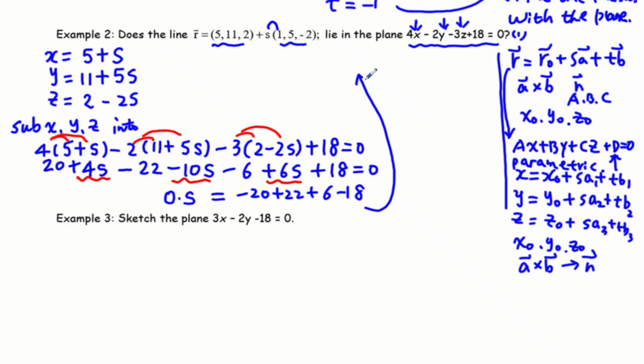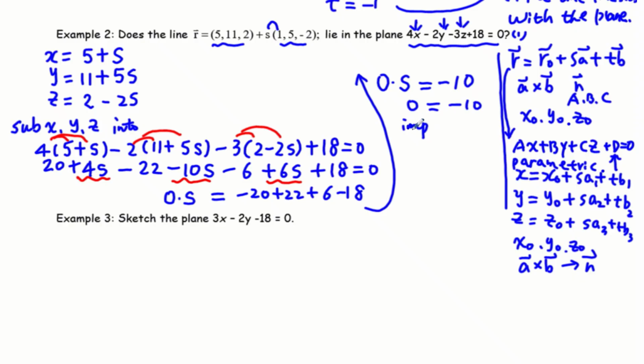Then you will have 0 times s equals negative 10. Then you will see 0 times anything gives you 0. So 0 equals negative 10 is impossible.